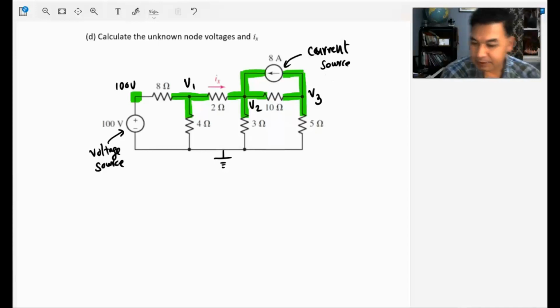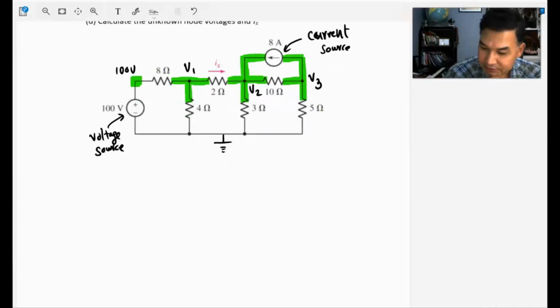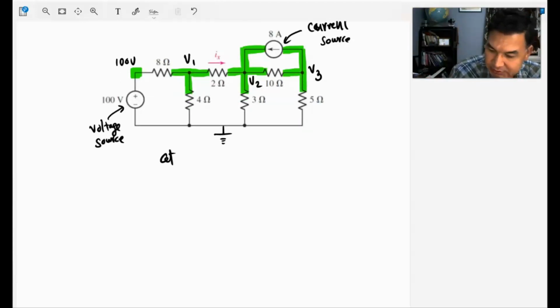I'm going to apply KCL, Kirchhoff's current law, at V1, V2, and V3, and we'll be solving 3 equations. That's it. At V1, apply KCL.